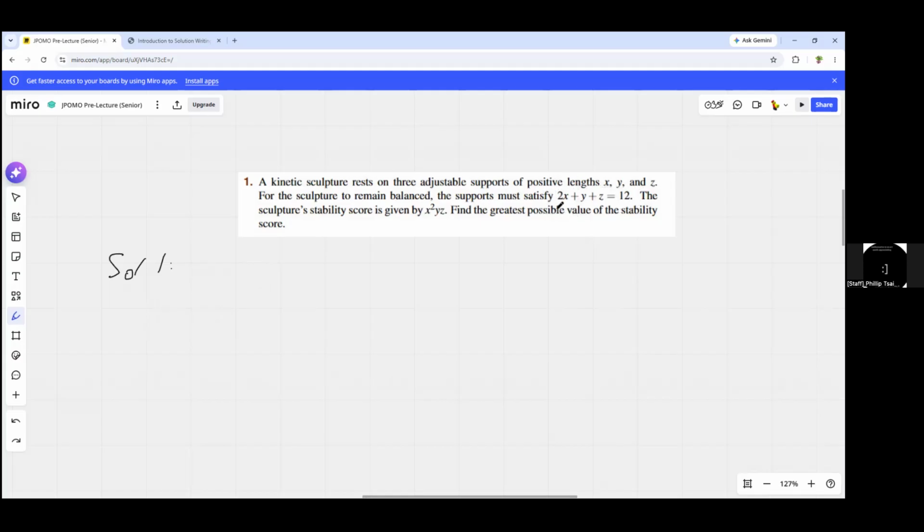So even if you isolate one of the variables, like for example y is equal to 12 minus 2x minus z, you still get an equation with two variables.